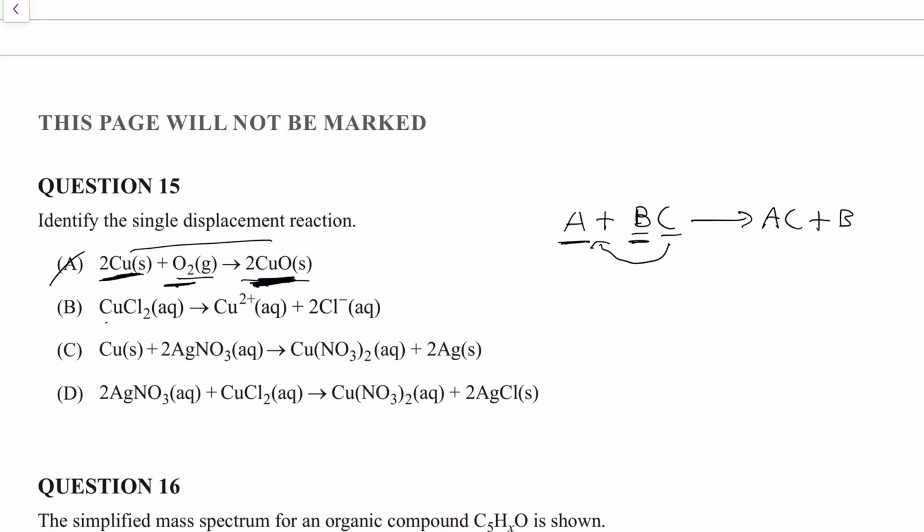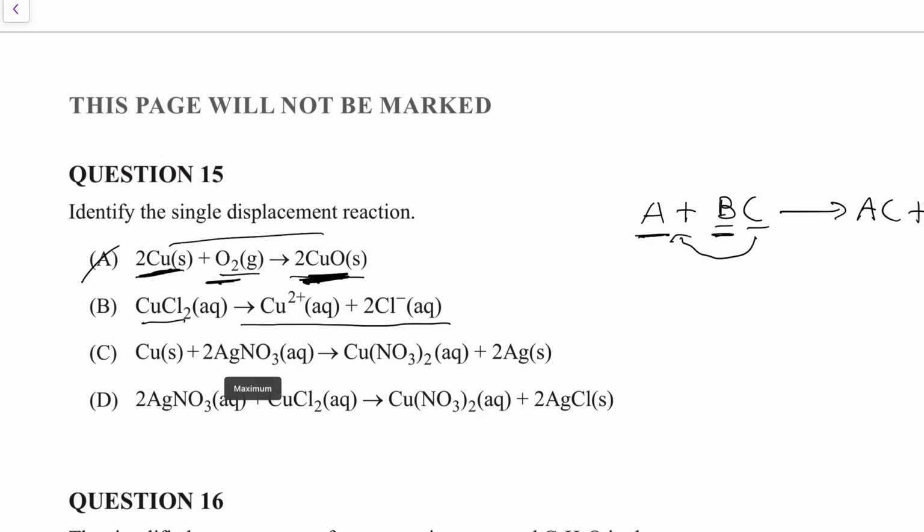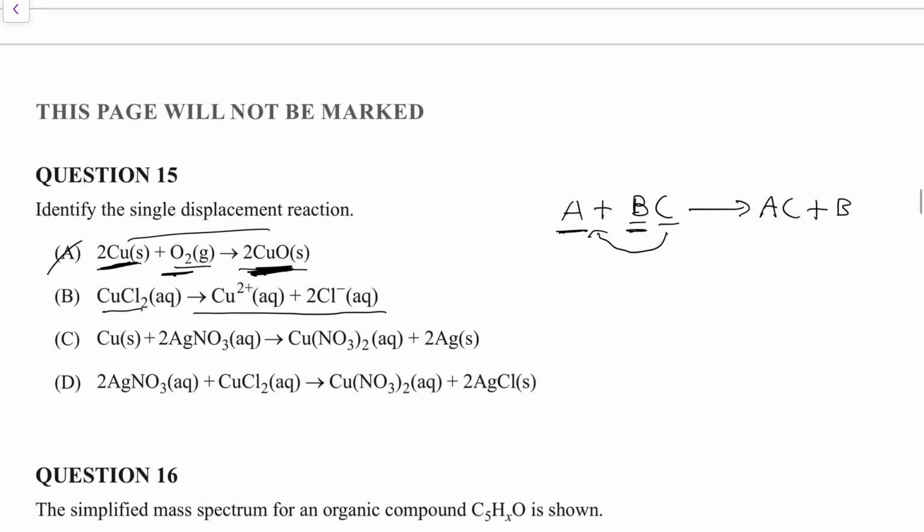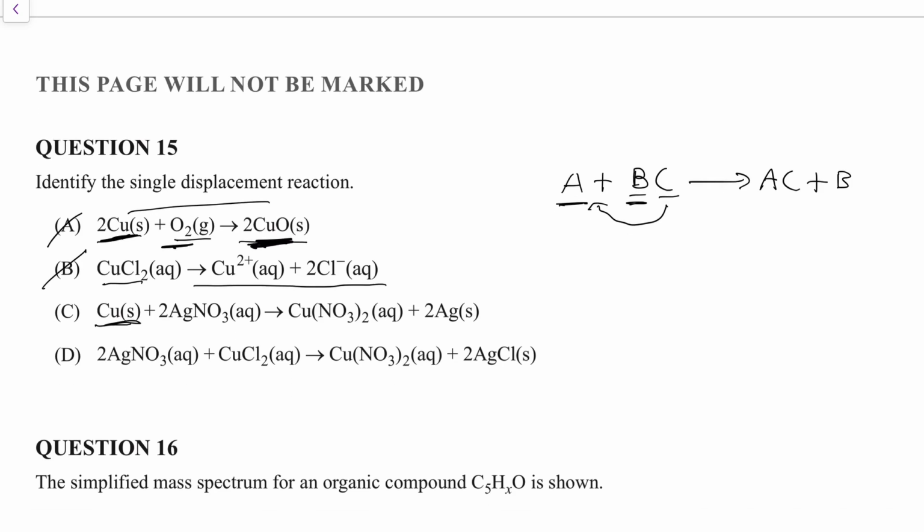B, we have a two-part substance, but then it breaks apart, a decomposition reaction into these different parts, so it's not going to be that. We have an A part here, so just one element, and then we have two different parts here, and then they actually swap here to make that, and then we're left with just our single AG. And so that is our single displacement reaction.